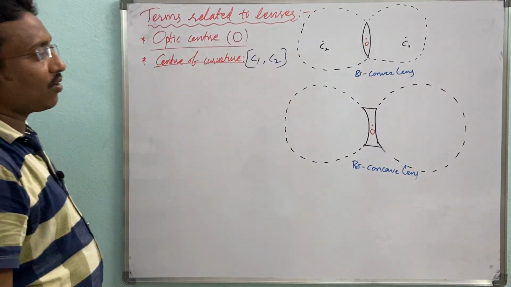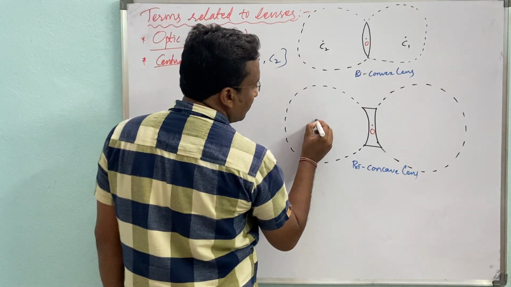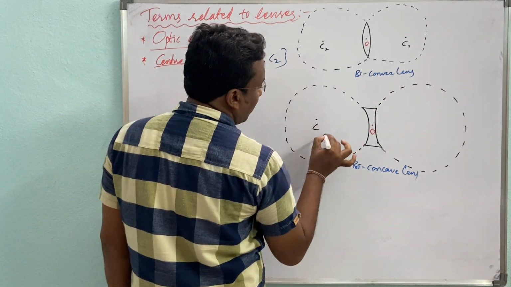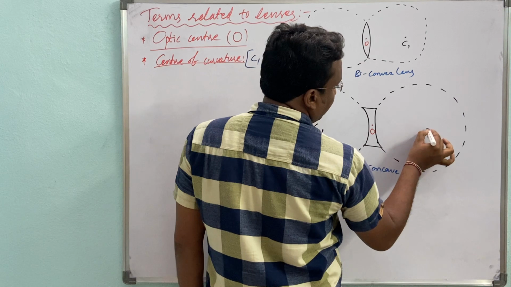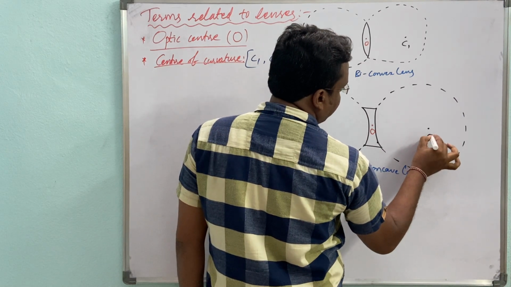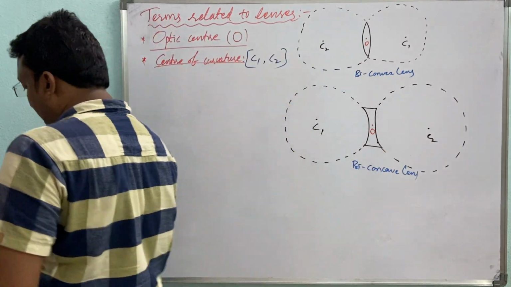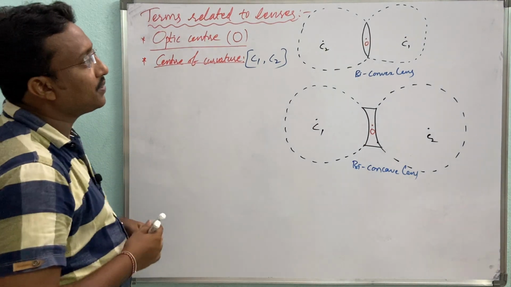Got it, right? Its center, this sphere is called C1 and this side is C2. Got it? It has two centers of curvature.